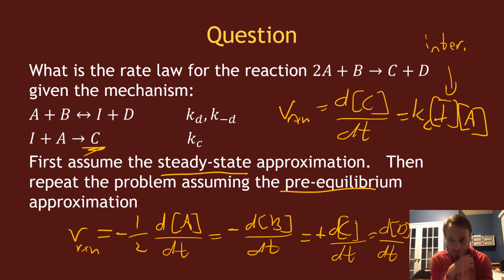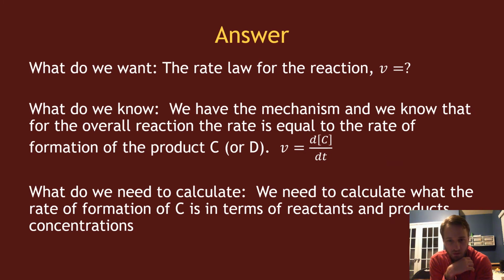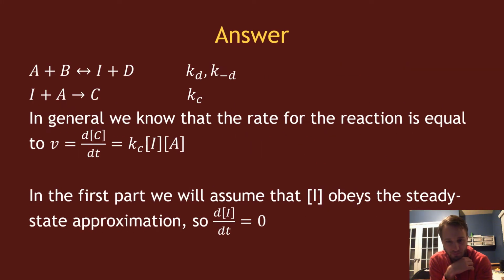To get rid of this intermediate in my rate law expression, that is when I need to use these approximations. That previous slide just sums up what I've just said.